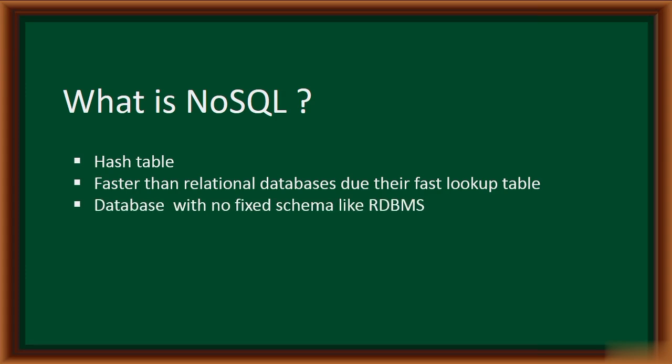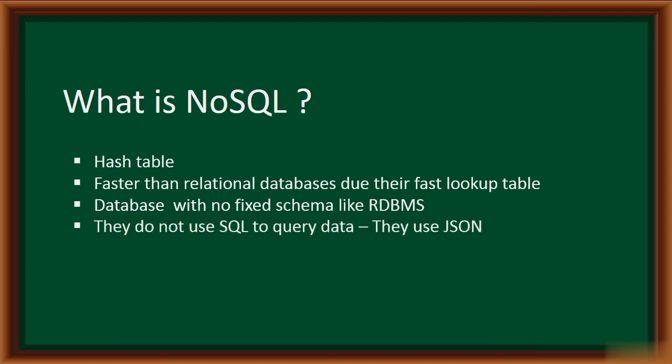Another characteristic of NoSQL databases is that they do not use SQL to query data. They use JSON to query data. The data in NoSQL databases can be semi-structured or unstructured, compared to traditional databases where the data is structured and ordered in tables.